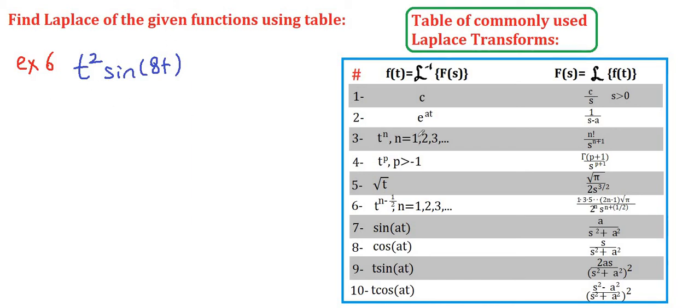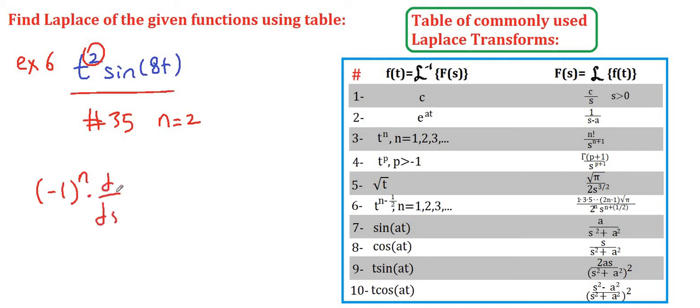There is no direct formula in the table, but you can utilize number 35 using n as 2 because the power here is 2, or you can also use the formula we have derived in example 5, which was negative 1 to the nth power times the nth degree derivative of the Laplace of f of t, where f of t is the sine of 8t in our case.